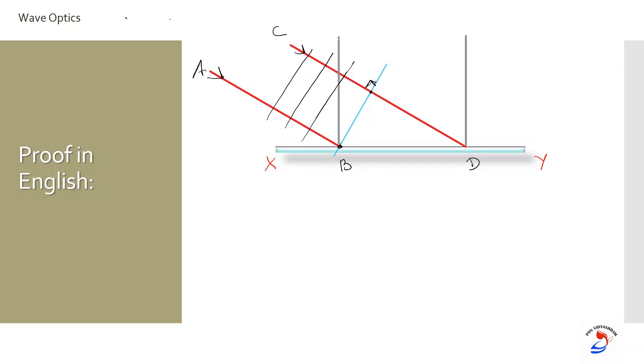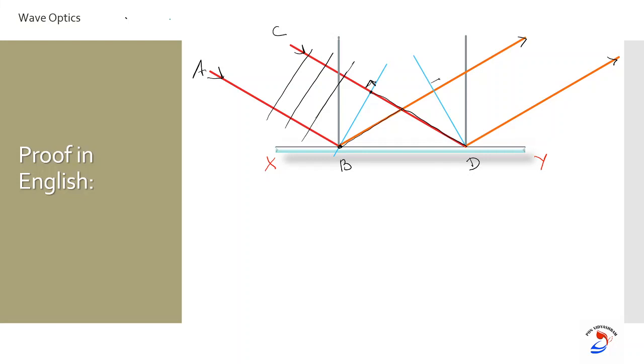Let's draw this normal line. It will get reflected, correct? But by the time B travels to this point, this ray would have just reached D, isn't it? So this is the reflected ray. This blue line shows the wavefront of the reflected ray.